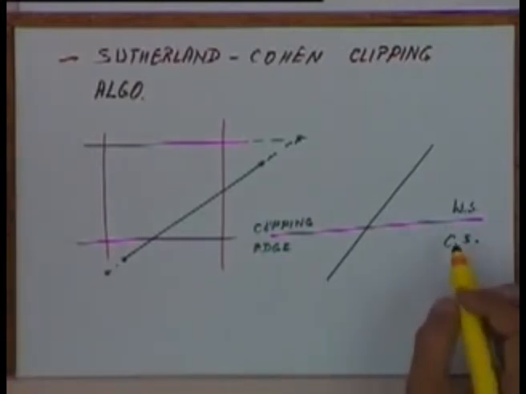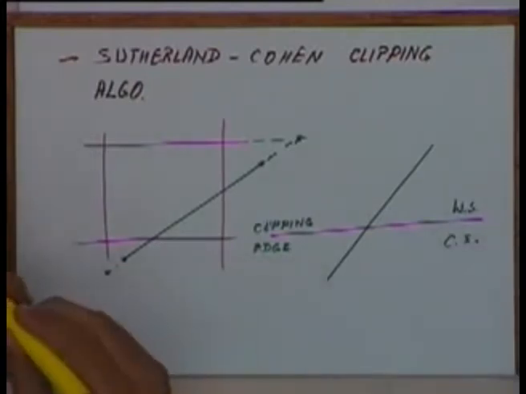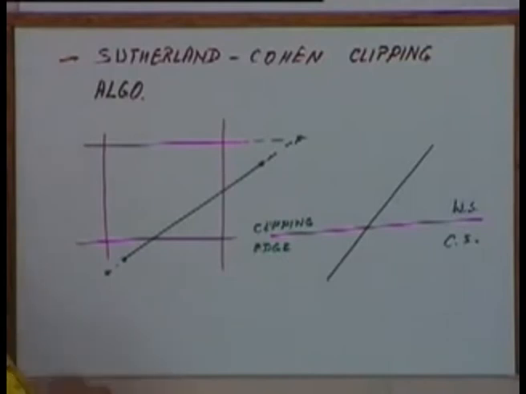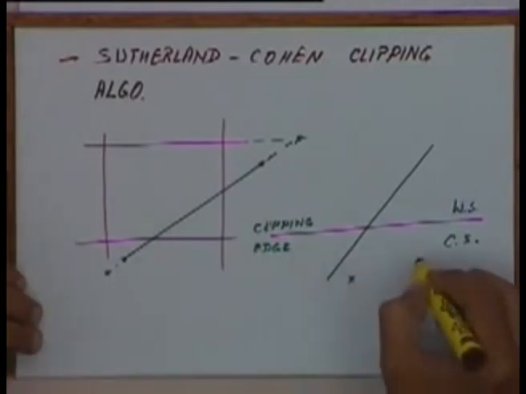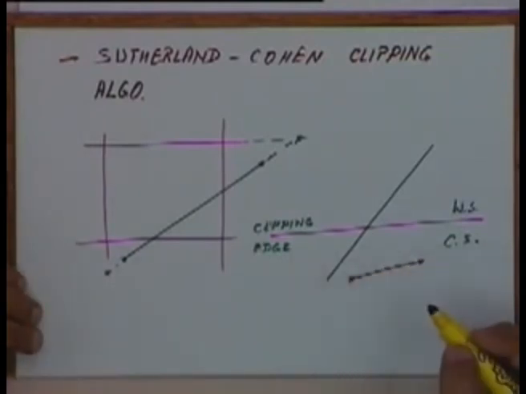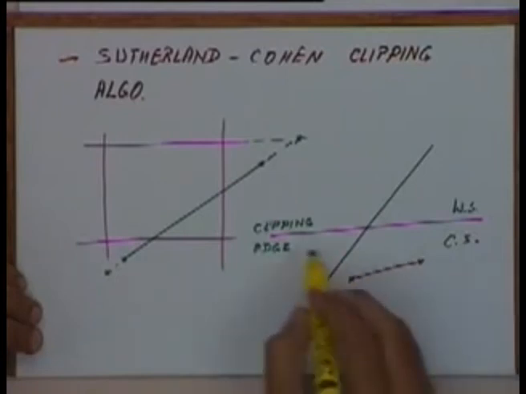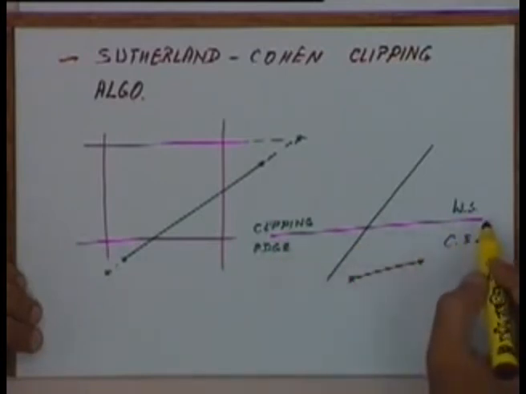Now, if I have a line segment whose both endpoints are on the correct side, then no clipping has to be performed with respect to the clipping edge. That's straightforward.